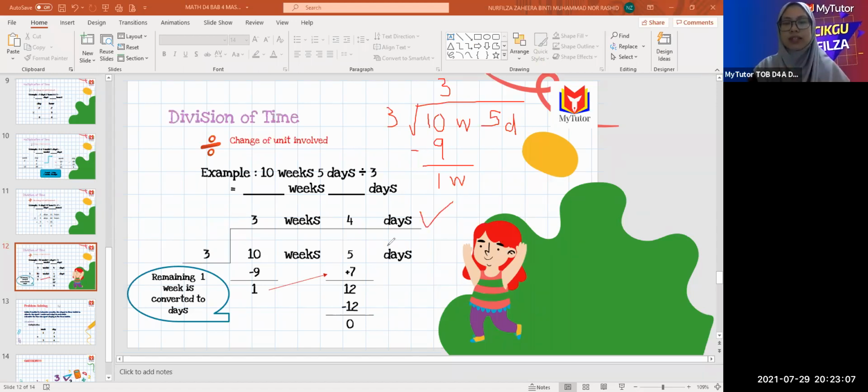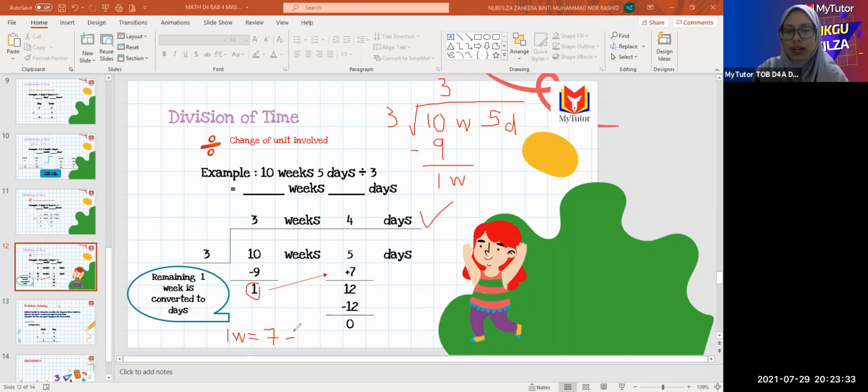When you divide 10 weeks by 3, you will have 1 remaining week. Do not neglect this one, okay? Do not neglect 1 remaining week.